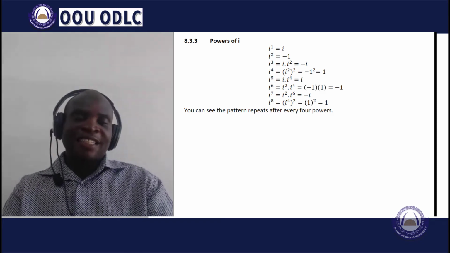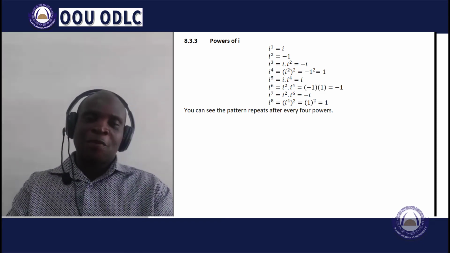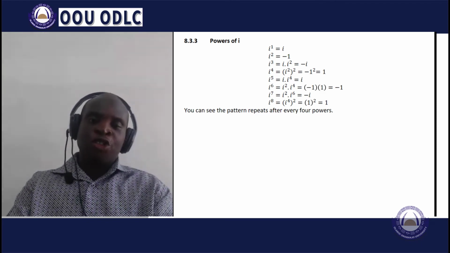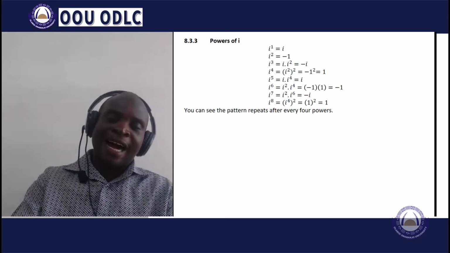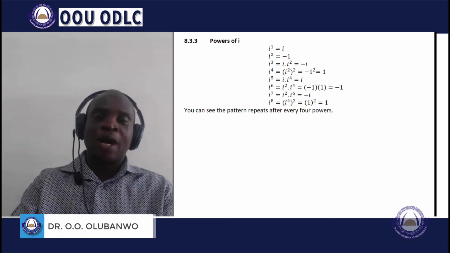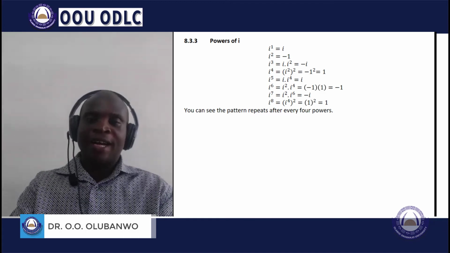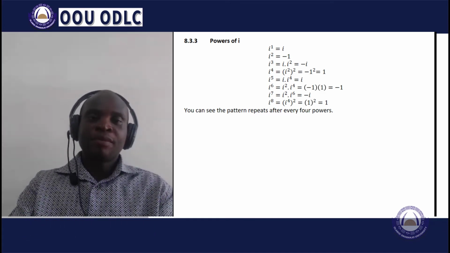Listeners, let's look at i raised to power 4. If we are considering i raised to power 4, this is nothing but i squared all squared. So it simply means I'm having i squared times i squared. Since I know i squared is minus 1, it's simply minus 1 times minus 1, which will give me plus 1, which can be written as 1.